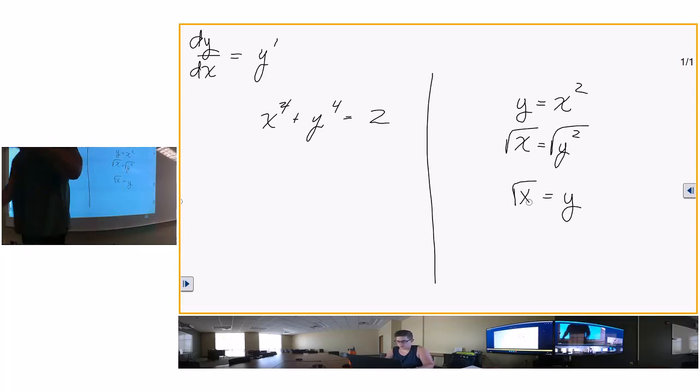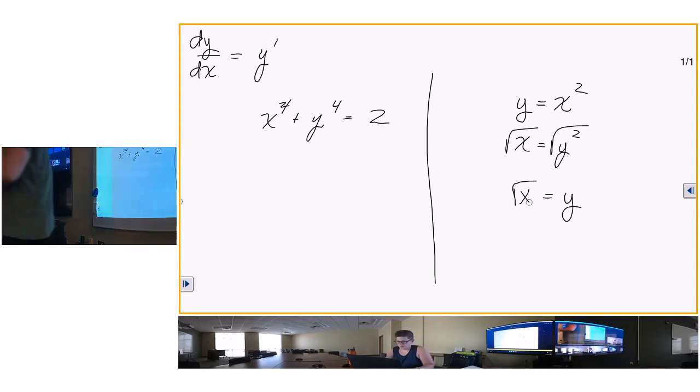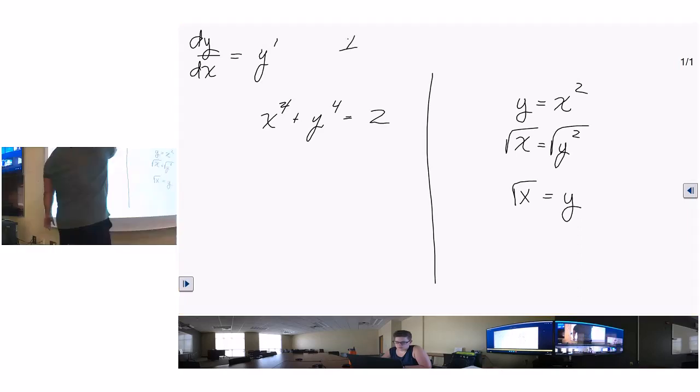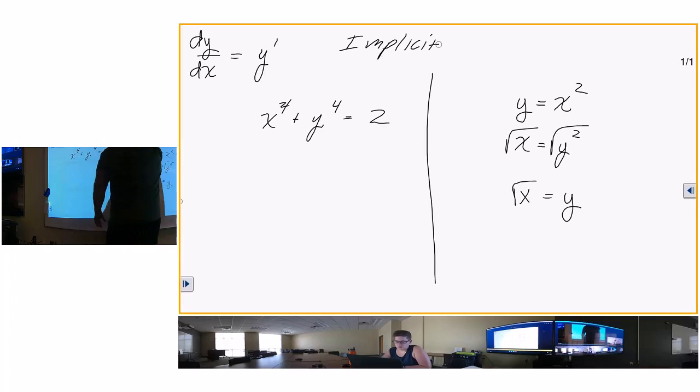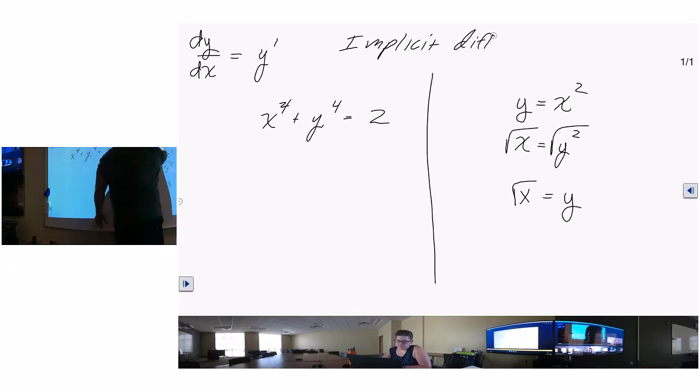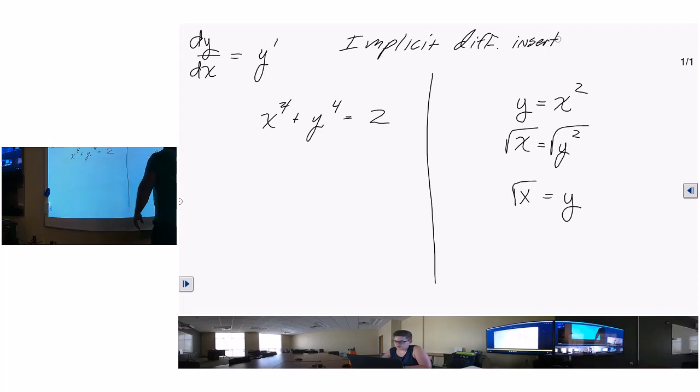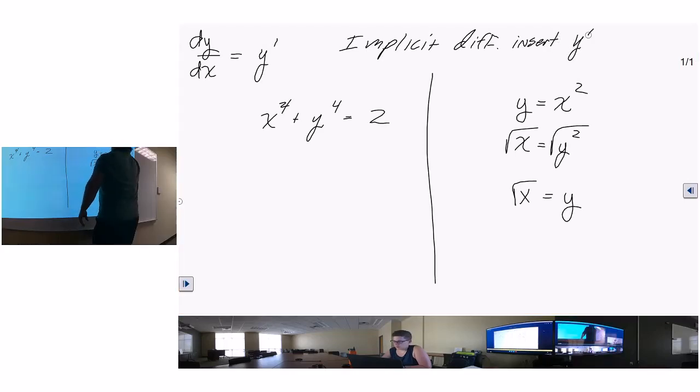Okay, well, you're going to kind of do that with this, except you're not going to switch them, but you're going to put a y prime in there, and you're going to solve for y prime. So basically, that's what you're going to be doing. Implicit differentiation is inserting a y prime and solving.